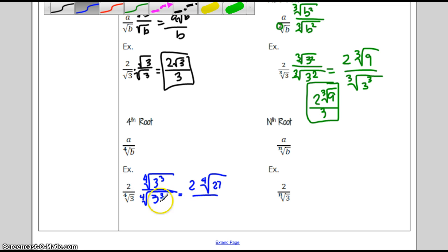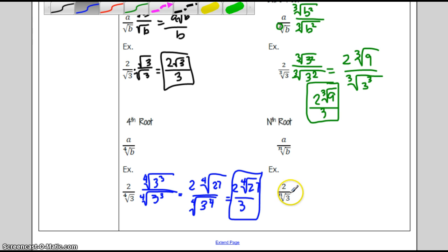And then on the bottom here, we should know that it's the index 4, 4th root of 3 to the 4th, which ends up coming out and just becoming that 3. If you need to write that step of it being combined, we can see that the 4th root of 3 to the 4th is 3. And then you can go ahead and do that step if you need to.